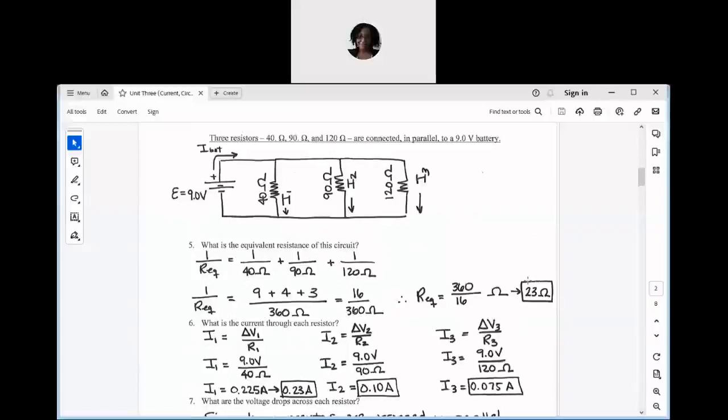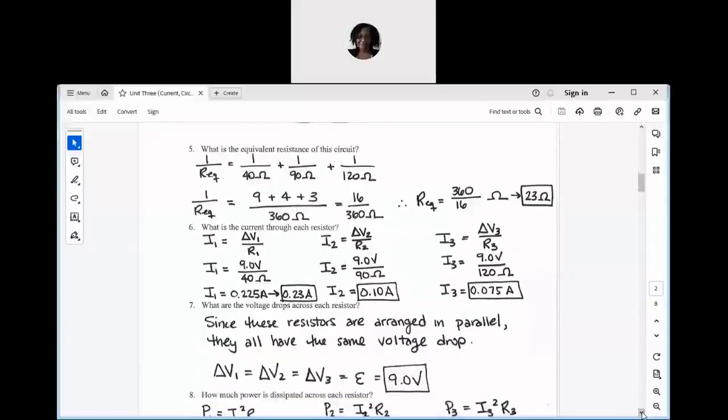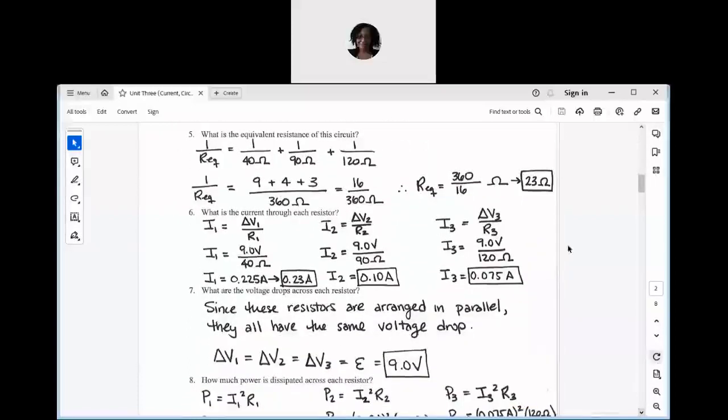And if instead of having these 3 individual resistors together, I had one equivalent resistor that had value 360 over 16, then the current produced by the battery would just be 9 volts divided by the ratio 360 over 16. And the value I'd get there is exactly the same as the sum of I1, I2, and I3. So that's a different way that you could have answered question 6 by using your answer to question 5. But like I described earlier, that's not a requirement for a parallel circuit.